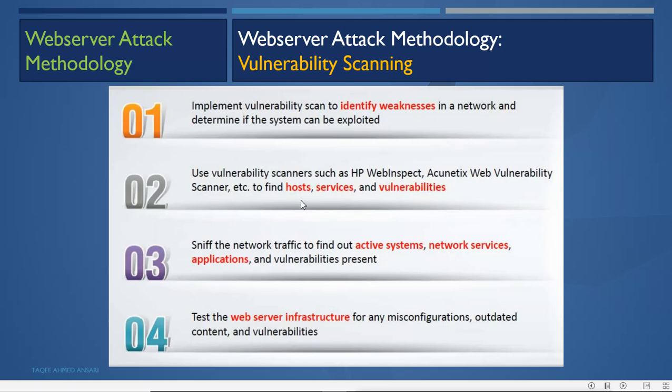Then use vulnerability scanners such as HP WebInspect, Acunetix Web Vulnerability Scanner, etc. to find host services and vulnerabilities. Sniff the network traffic to find out active systems, network services, applications, and vulnerability presence. Test the web server's infrastructure for any misconfiguration, outdated content, and vulnerabilities.